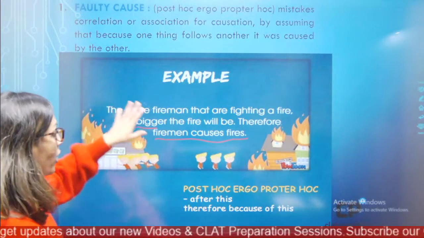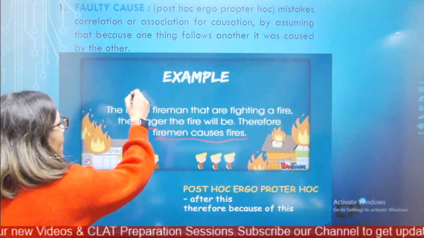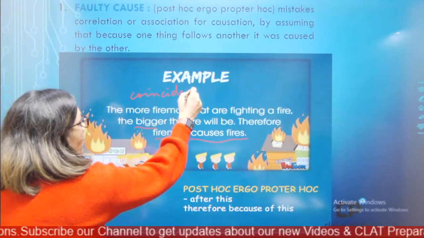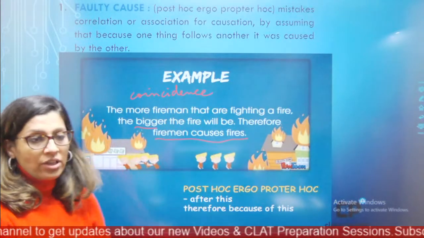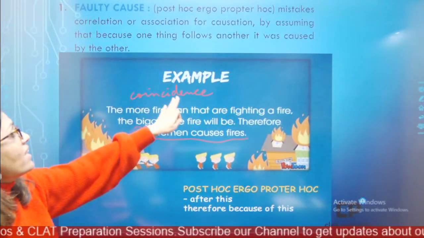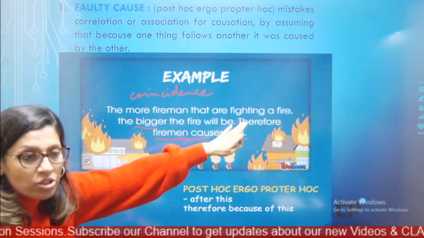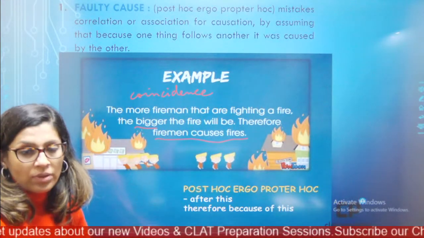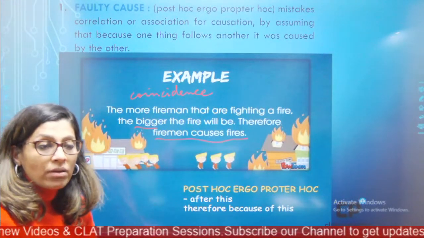Right? So what must be happening? These are merely coincidences. They are not cause effect. So post hoc ergo propter hoc or faulty cause means either seeing coincidence as cause or correlation as cause. Right?